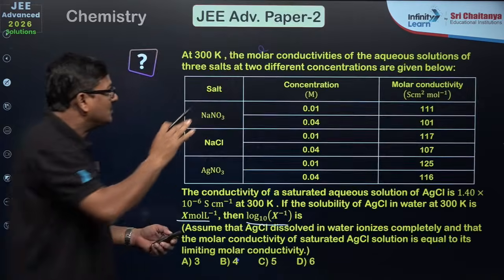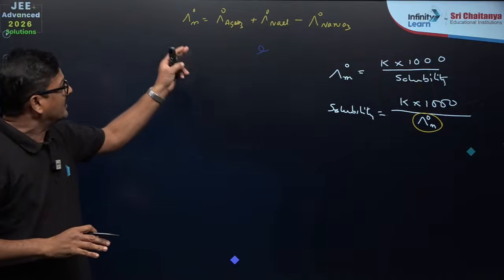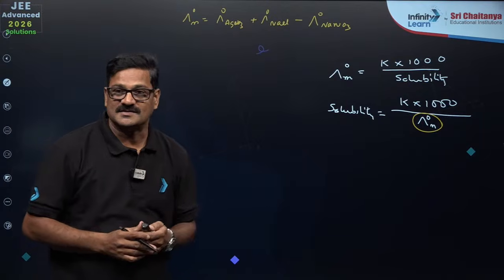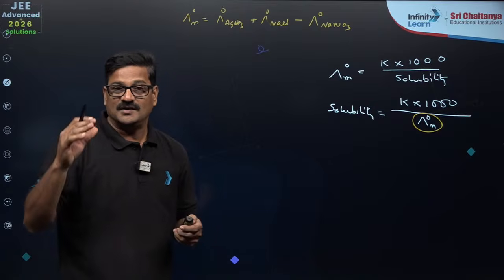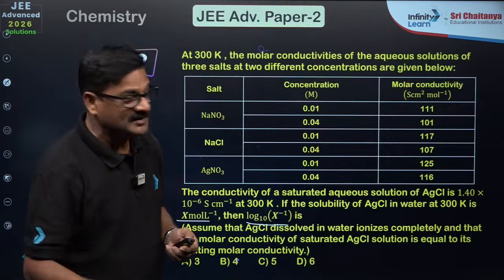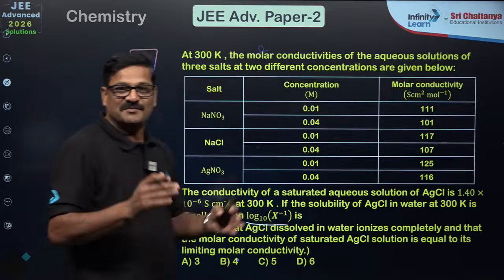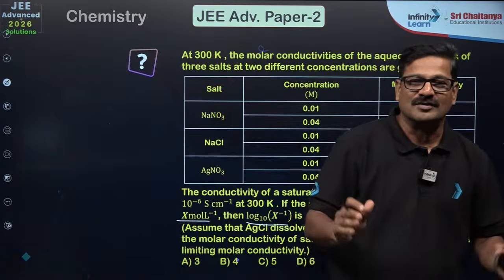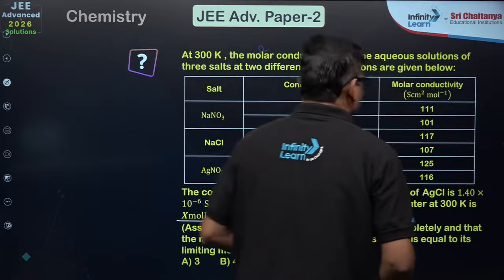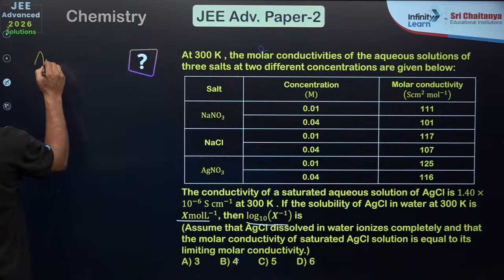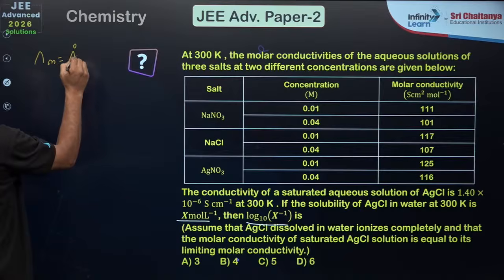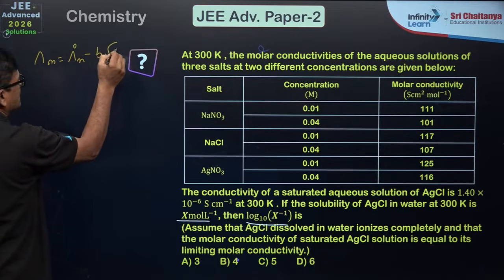So now by using this data, we can calculate the limiting molar conductance of this. How do you get this? You can calculate simply by taking the Debye-Huckel-Onsager equation. It is said that molar conductance is equal to limiting molar conductance minus B root C.